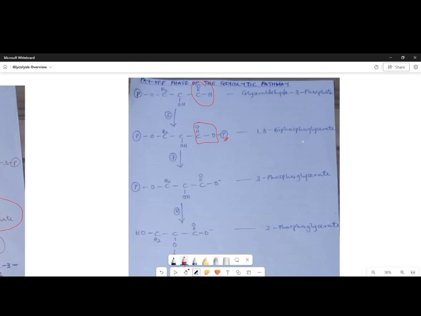In step 7, the 1,3-bisphosphoglycerate here is converted to 3-phosphoglycerate. So we basically get rid of the phosphate group. We got rid of this phosphate group here, leaving the carboxyl group.